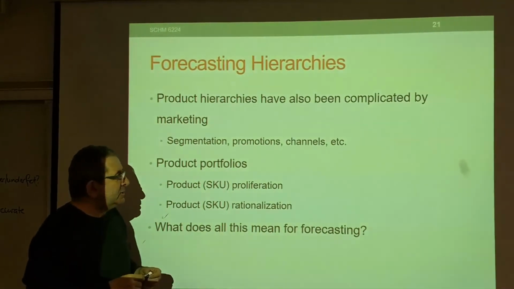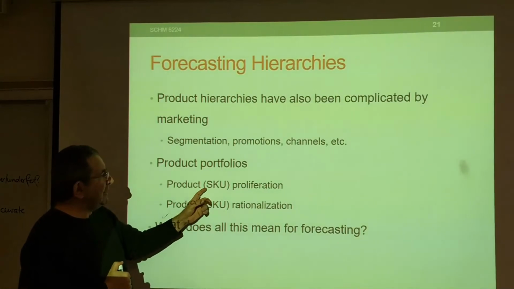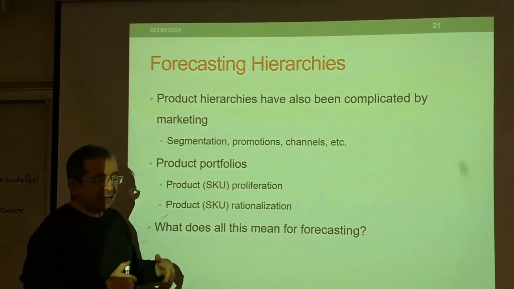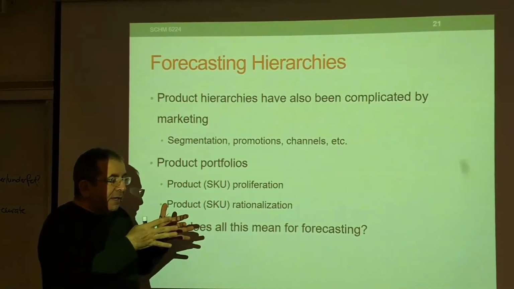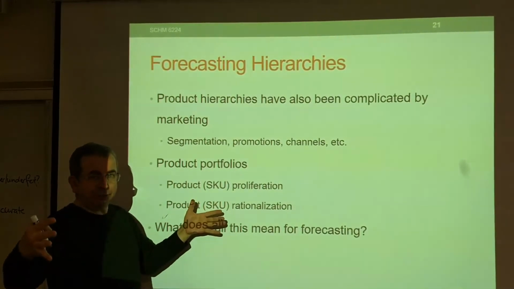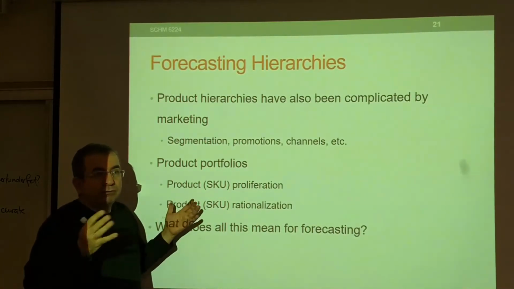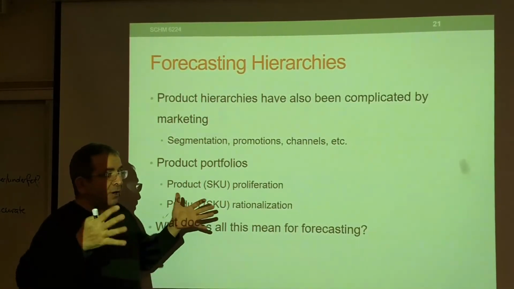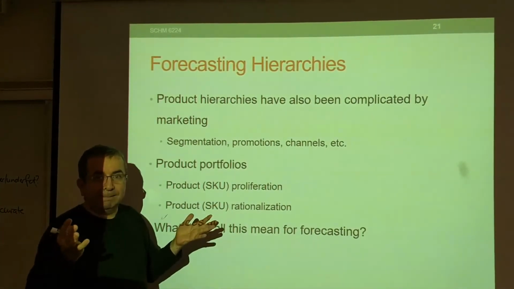So what this leads to is product or SKU proliferation, which means that your product portfolio keeps on increasing. If you don't retire any products, your product portfolio will just keep increasing indefinitely.